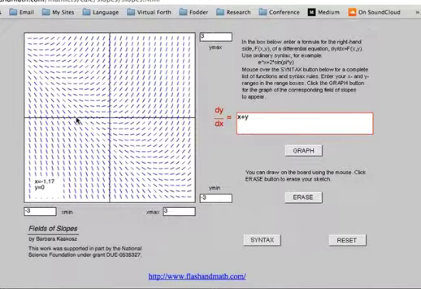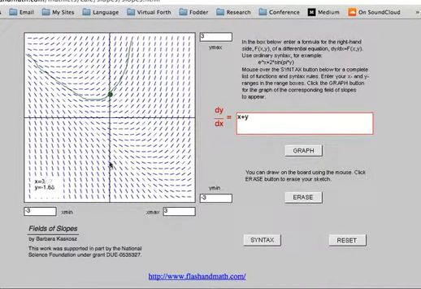And so if we actually wanted to use, let's say, that point right there as the initial condition, we could go ahead and sketch what the solution would be given that condition.